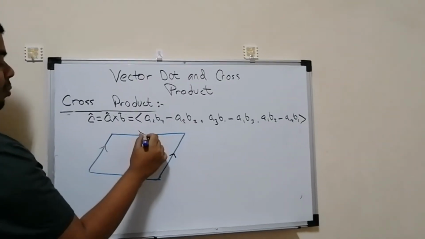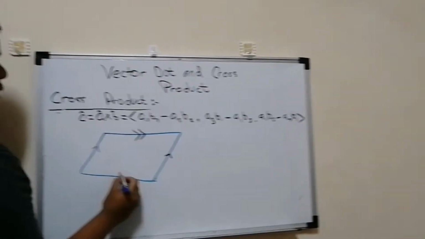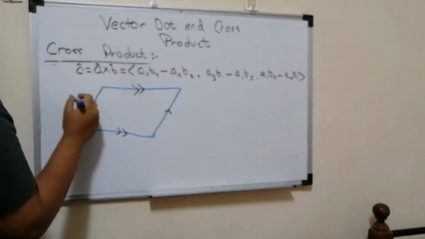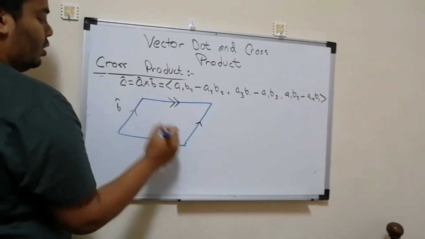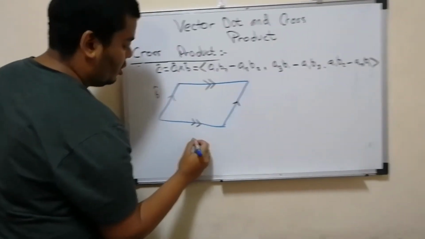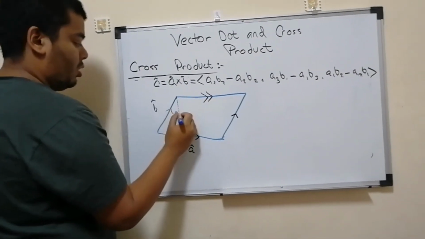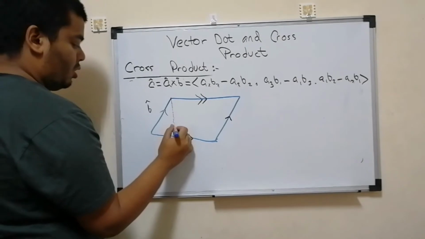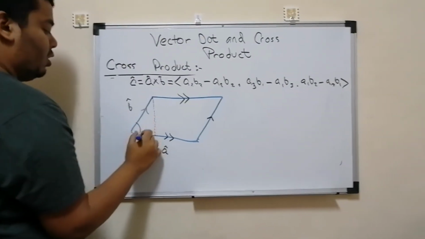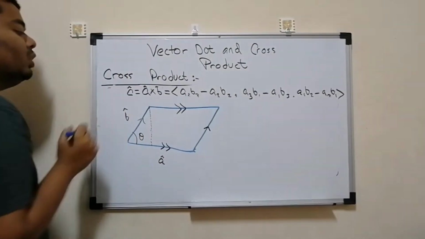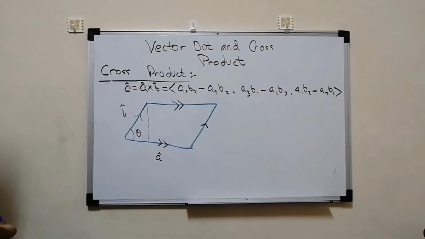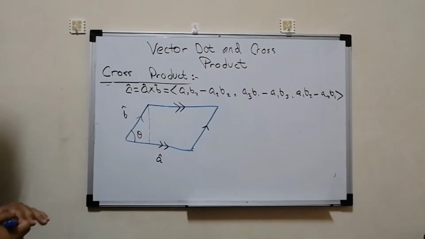They're parallel and equal to each other. So this is the vector B. This is the vector A. This is the angle theta, the angle between the vector A and vector B.